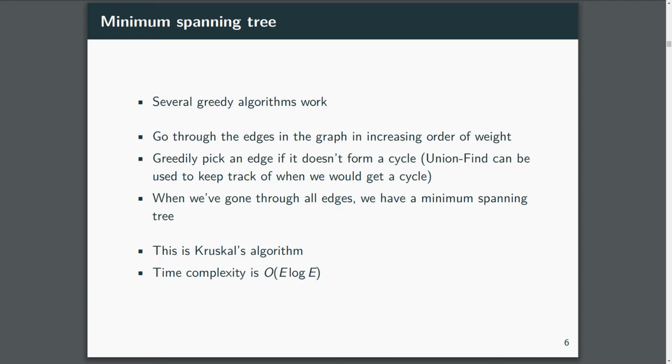Now, the time complexity of this is just bounded by the sort operation, which is n log n, and since we're applying that on the set of edges, the time complexity is number of edges log number of edges.